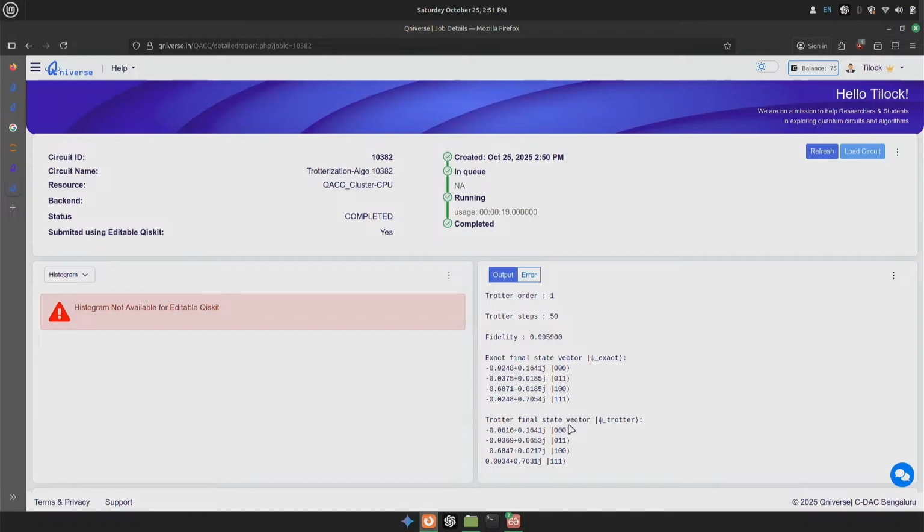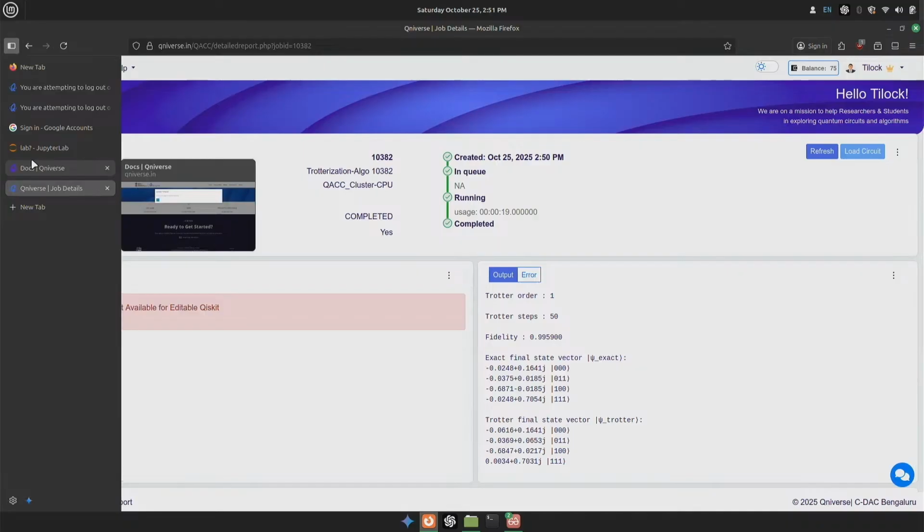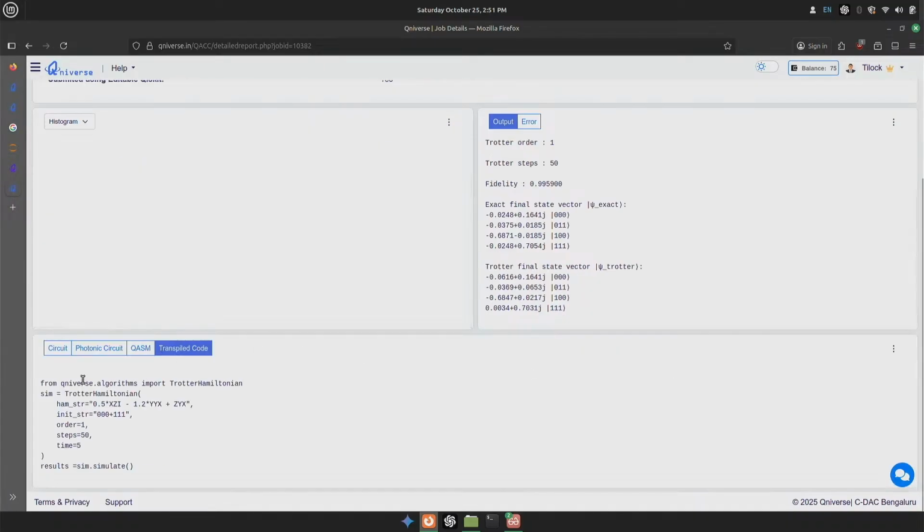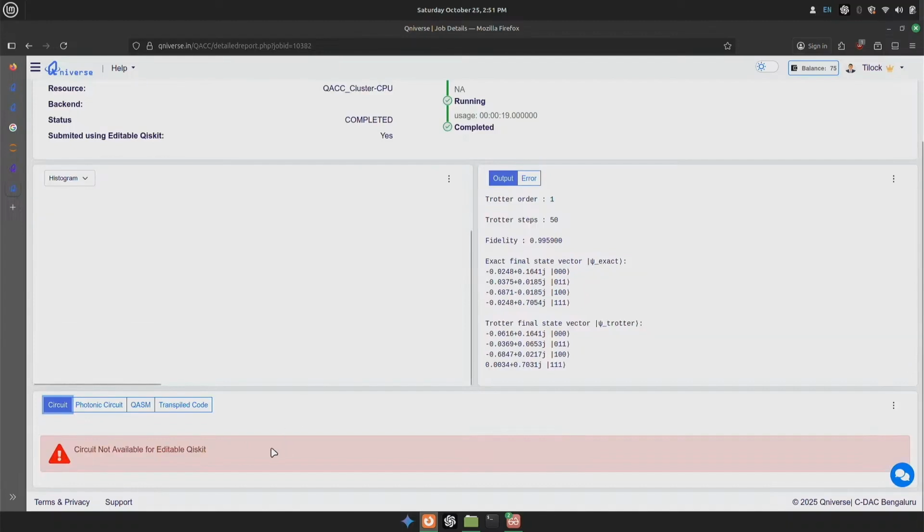That exactly says that whatever simulation or circuit I've run is a correct one. Now our team at CDAC is also working on this platform to show the circuit. It's still not visible. There are some internal things that they are doing right now to showcase the circuits, because it's not very easy to showcase the circuit.